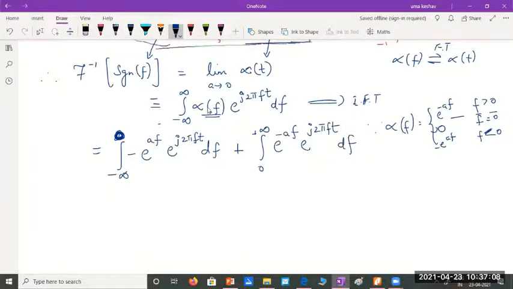Can I do it like this? All I'm doing is substituting for alpha of f to find the inverse Fourier transform.